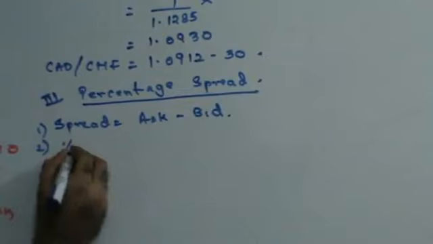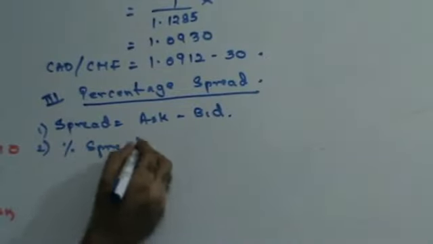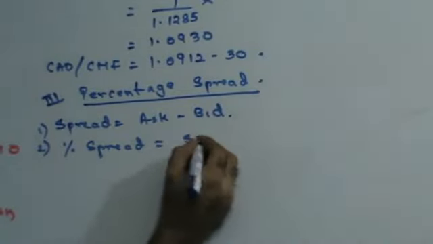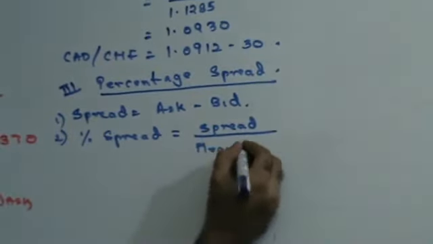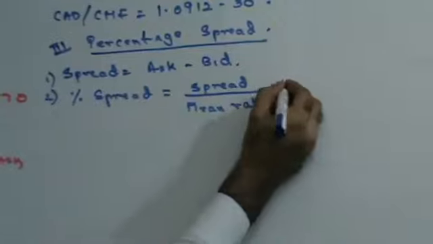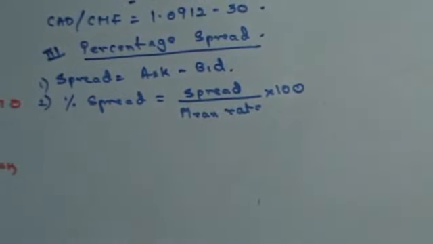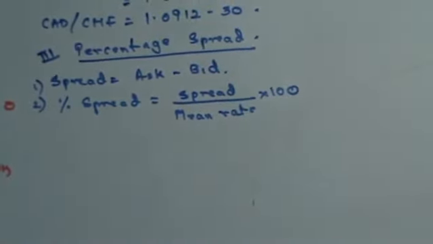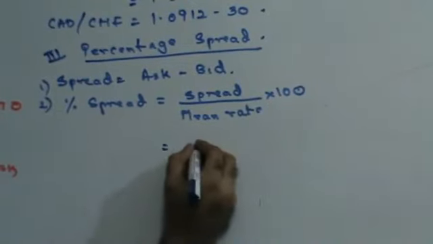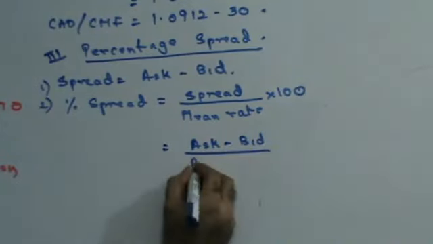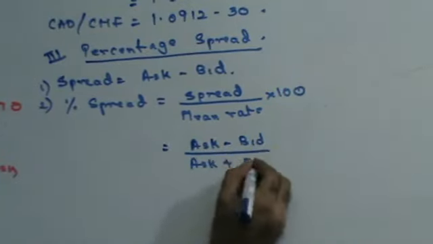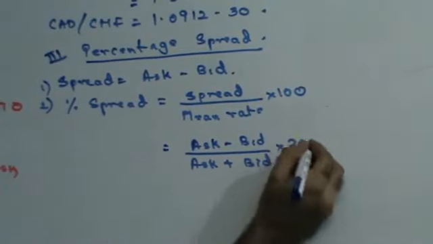Next, percentage spread is given by the formula spread upon mean rate into 100. Mean rate, mid rate, average rate all mean the same. This is also given by the formula (ask minus bid) upon (ask plus bid) into 200.